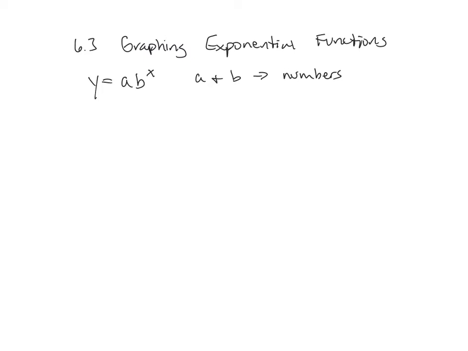Okay, so how does a graph look? Well, we have some that start off really flat like that, and then they go up. And so when a graph looks like this, the b number will be greater than 1, and the a number will be positive.